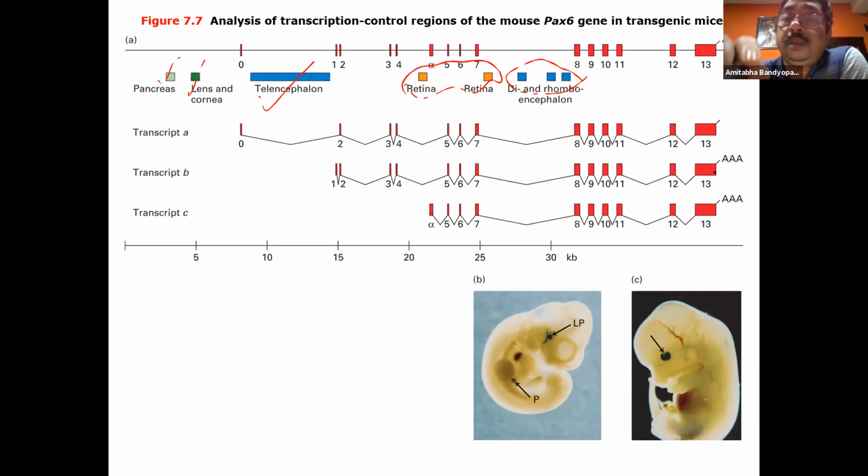And if it is for retina and other things, then it starts from this alpha exon, and then it continues. And as you know, sometimes enhancers can be within the gene as well. So this is an example of that. It must be influencing transcription to start from here.